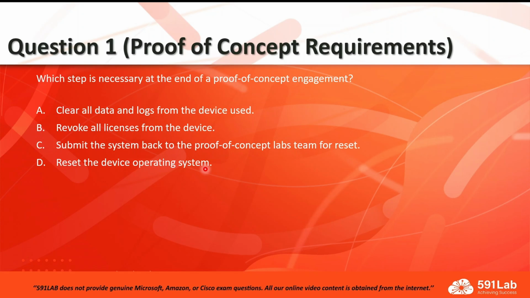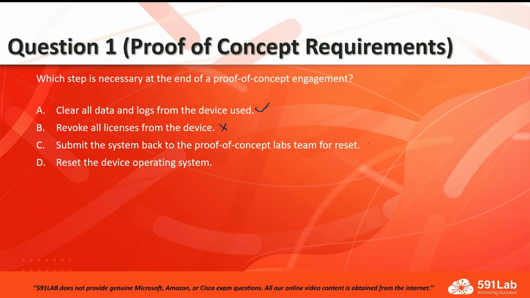From those options, we need to check each of them. Option A, clear all data and logs from the device used. This is necessary for each proof of concept that has been done. B, revoke all licenses from the device. This is not needed because the license will also be removed. C, submit the system back to the proof of concept labs team for reset.